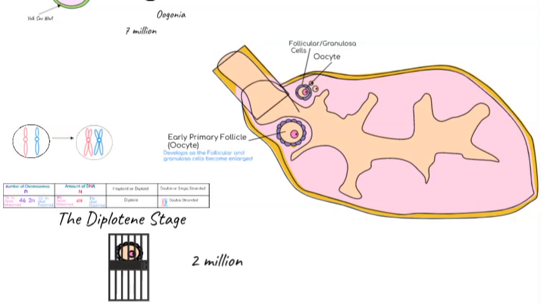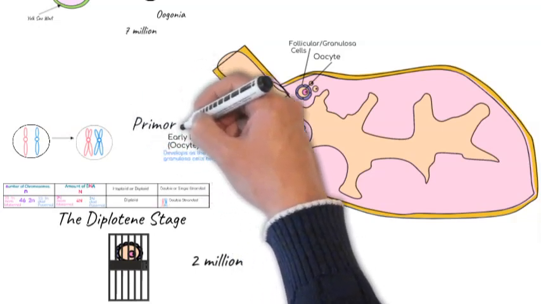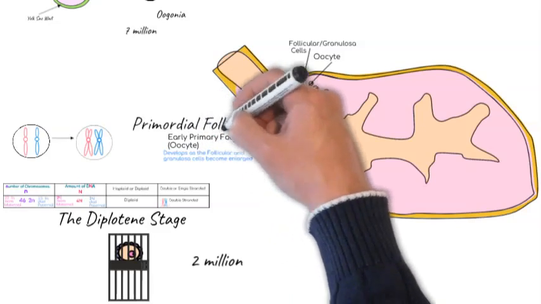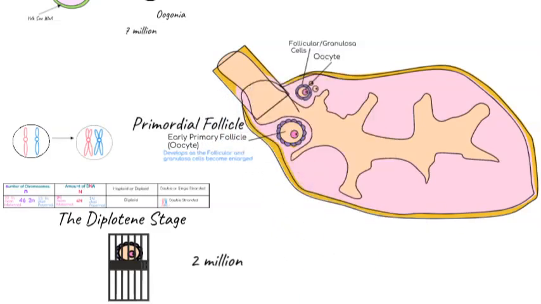Remember that all the primary oocytes are surrounded by these flat epithelial cells called follicular cells. Remember that? And now we can call it primordial follicle. Now remember what we started with when you were 4 weeks inside your mother's womb. We started with primordial what?